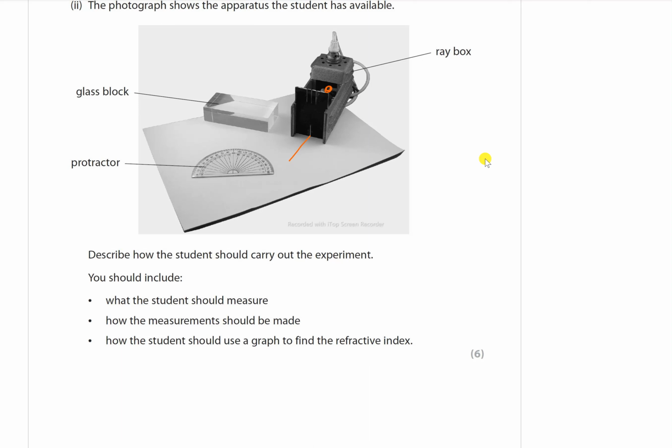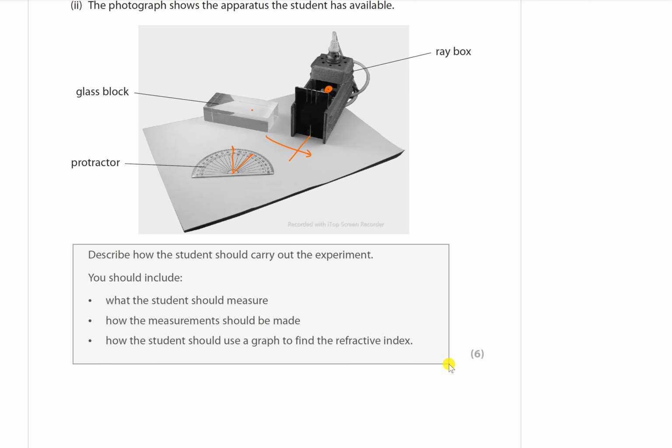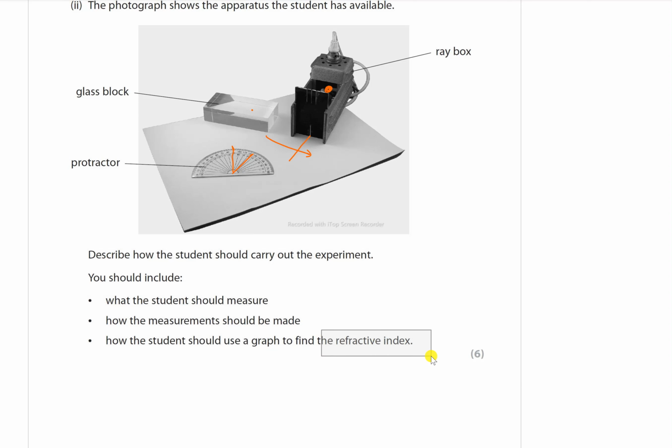You put a light in here. You put your glass block here, and you get your protractor to measure the angle of refraction and angle of incidence. Right, so we need to describe a method on how to work out the refractive index.